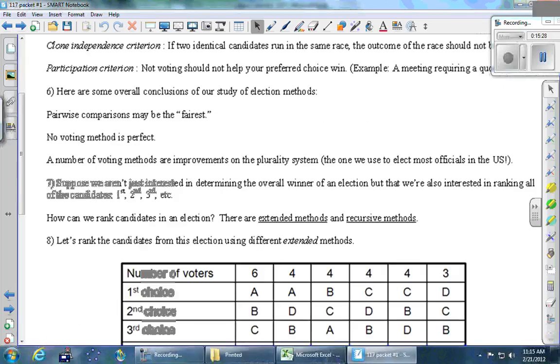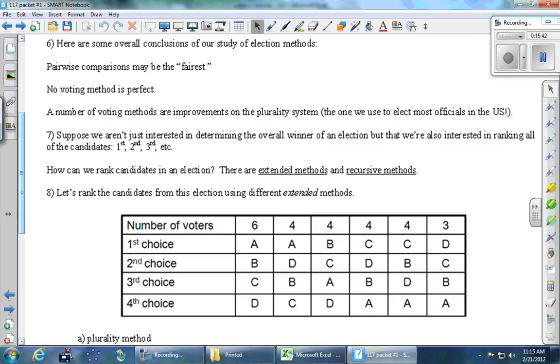Somewhat unsatisfying, in my opinion, that there's nothing out there that's perfect. We've analyzed a lot of systems. They have pros, they have cons, they all have cons, is kind of the overall conclusion here. And pairwise comparisons might be the fairest thing that we can do. Certainly, it's a lot better than the plurality method if you think that our 4 fairness criteria are reasonable.